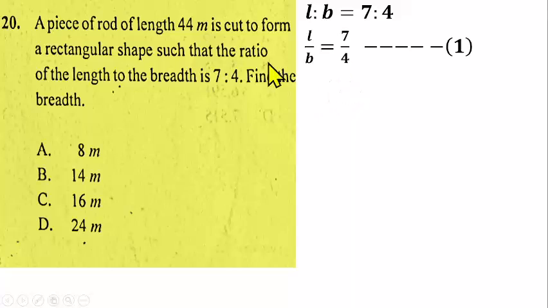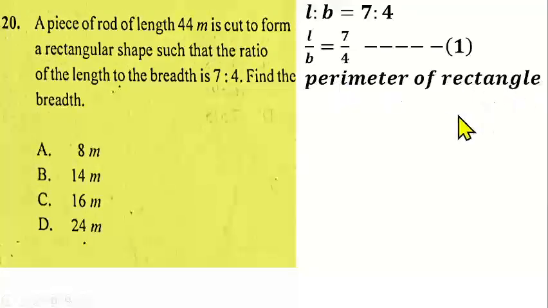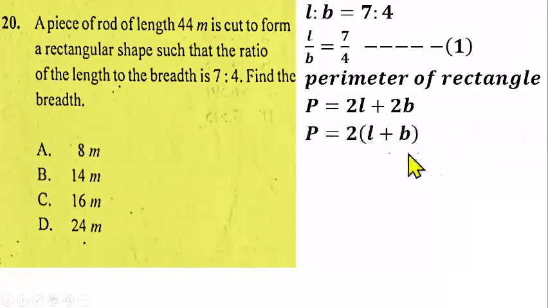The perimeter of a rectangle is 2L plus 2B, which can be written as 2 into L plus B. The perimeter is 44, so you have 44 equals 2 into L plus B.